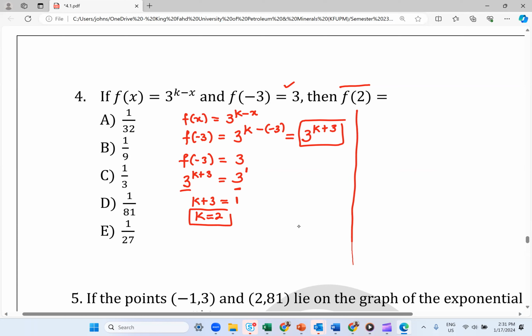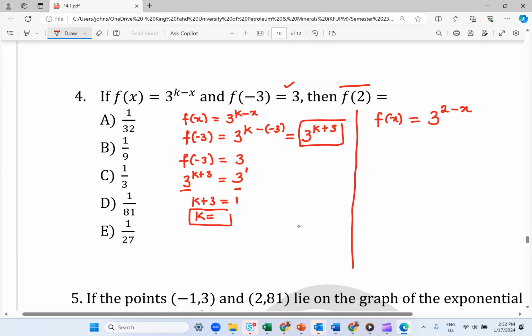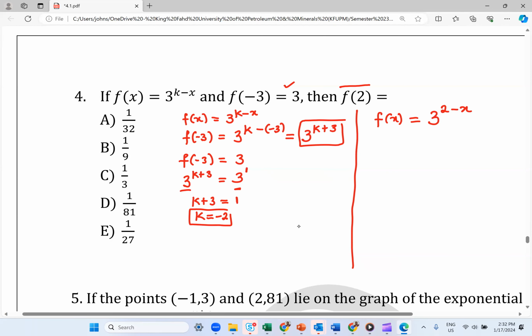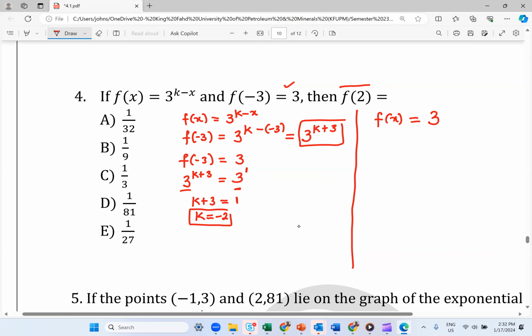Now, k is equals to minus 2. What does that mean? It means our function f of x is just going to be 3 to power minus 2 minus x. Sorry, k here is not 2, it is minus 2, because you have 1 minus 3. So the equation here is going to be minus 2 minus x.